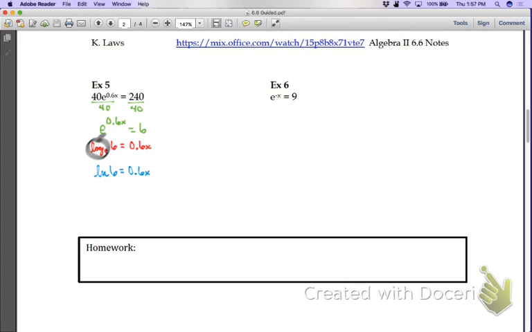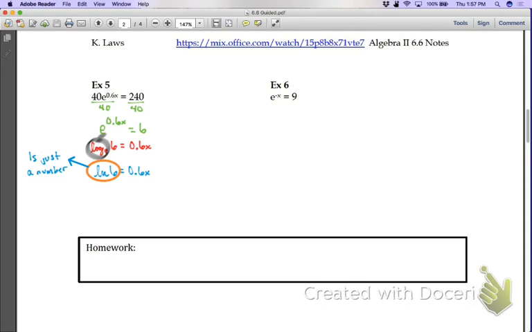Again, this right here is just a number. The natural log of 6 is some random long decimal that's never going to stop. But it's just a number, so treat it that way.